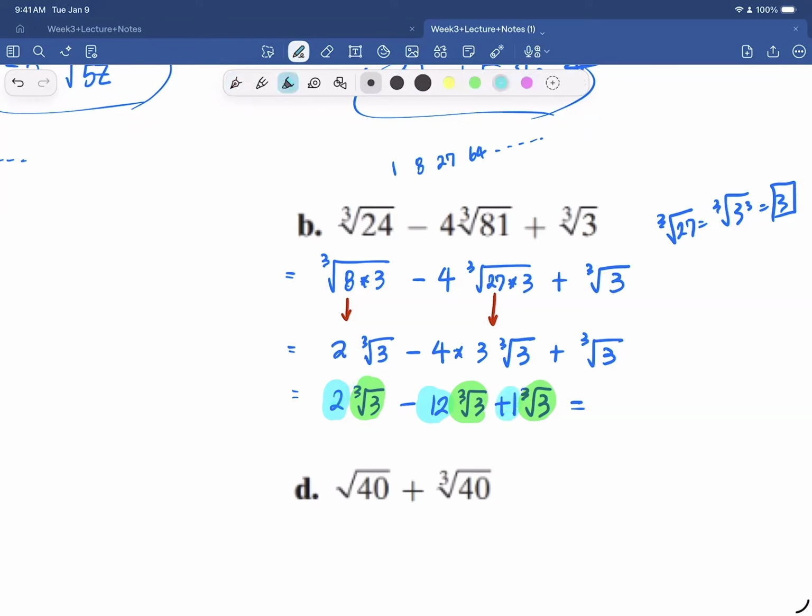So we have to do 2 minus 12 plus 1 with the third root of 3. So 2 minus 12 plus 1 is what? Negative 10, negative 9. Yep. Negative 9 times the third root of 3. That's the final solution, right? Any other questions?